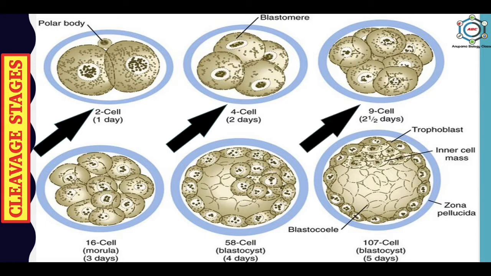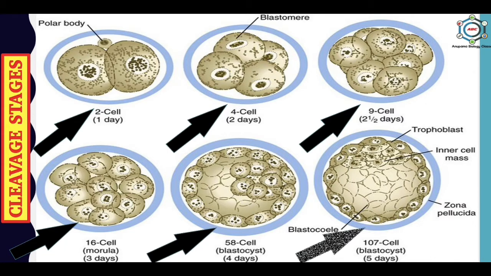After this, the third cleavage occurs about 72 hours after fertilization, which produces a solid ball of small blastomeres called the morula, which refers to the lobed surface of the embryo at this stage. So in this stage, there is radial cleavage at the 8-cell stage.